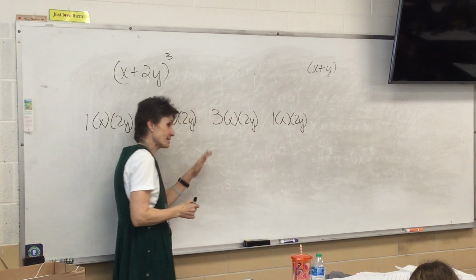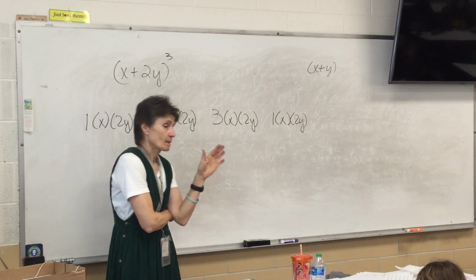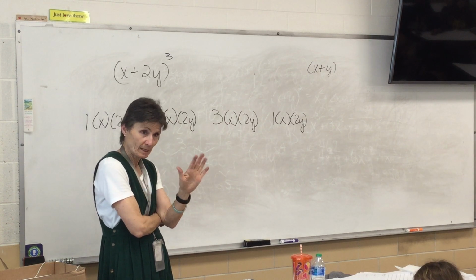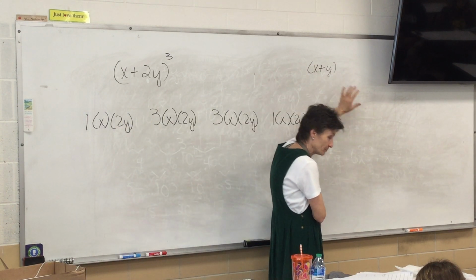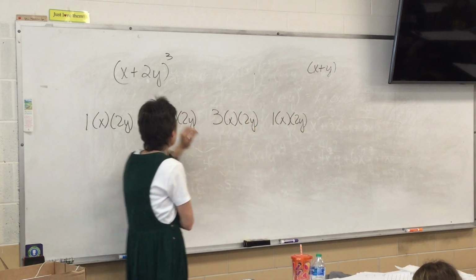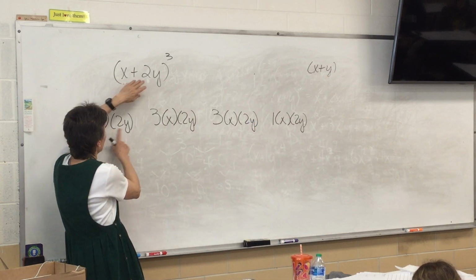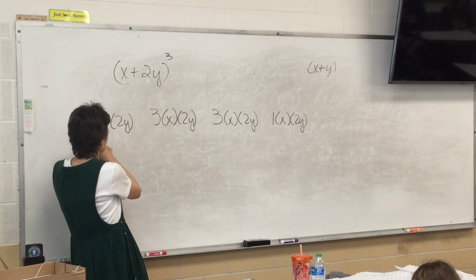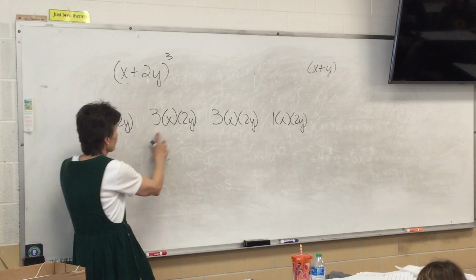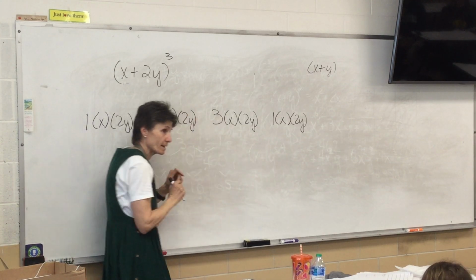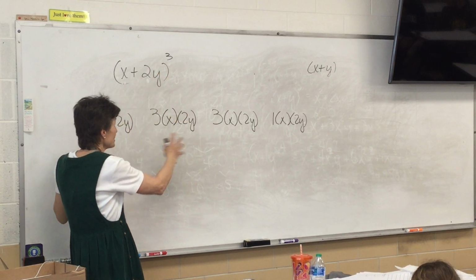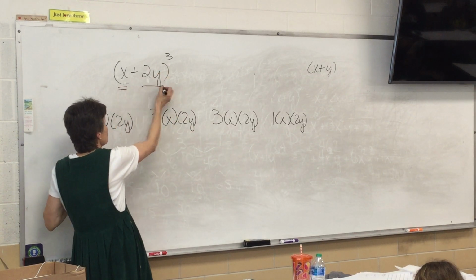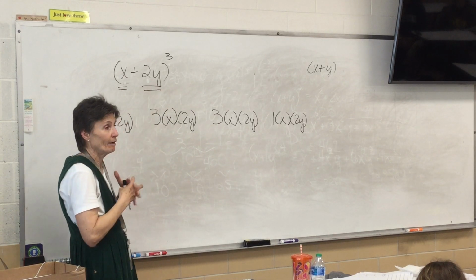In the last example, I had plain x's and plain y's, because that's what was in the problem. This time, I have plain x's and 2 y's. So I took my numbers, 1, 3, 3, 1, from the triangle, third row, and next to each of those, I have put the 2 parts of my binomial.